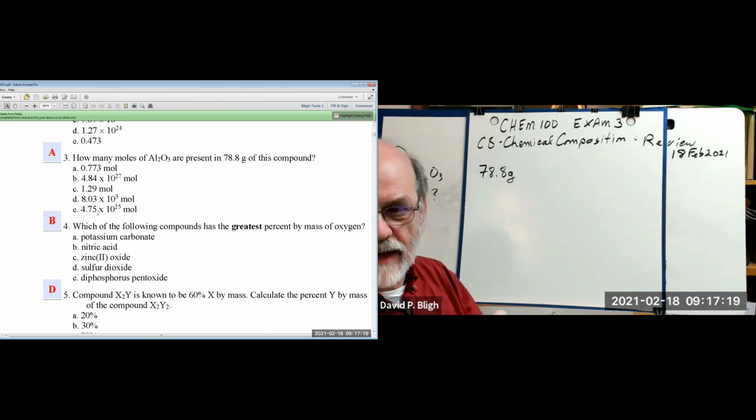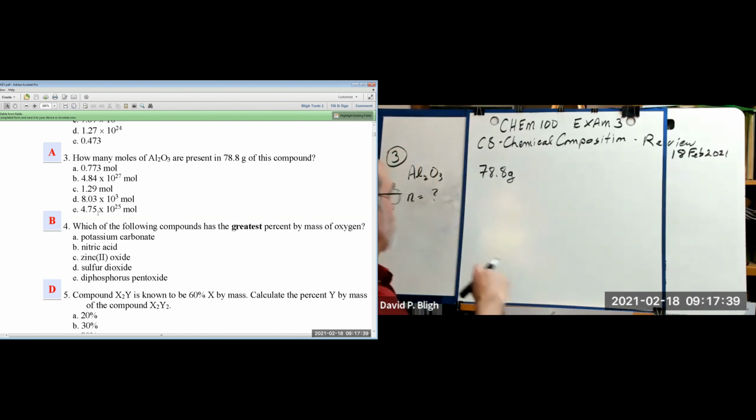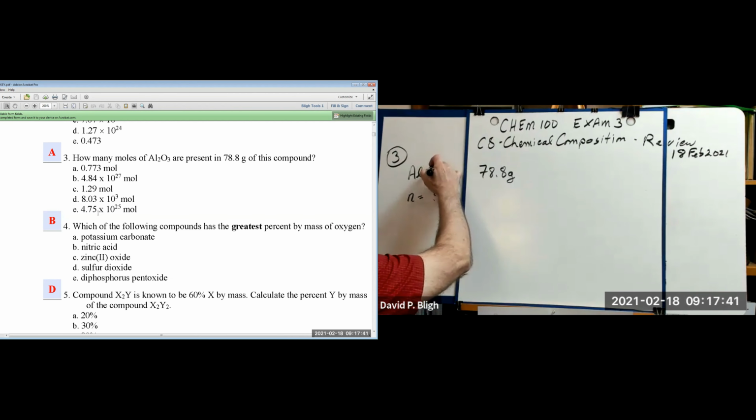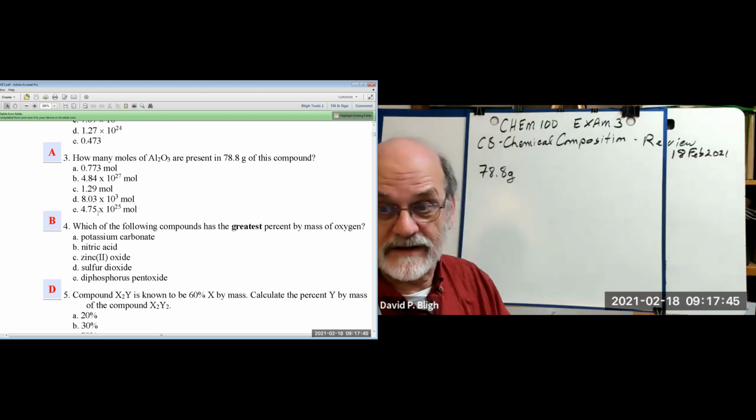Is it a type 1, type 2, or type 3? Well, it's got a metal in it, right? Aluminum. So it's got to be a 1 or a 2. But which one is it? Well, look at aluminum. Is it a fixed charge or a variable charge? It's a fixed charge. 3 plus. And you can see it's 3 plus from this. Of course, that doesn't tell you it's a fixed charge. That just tells you what the charge is.